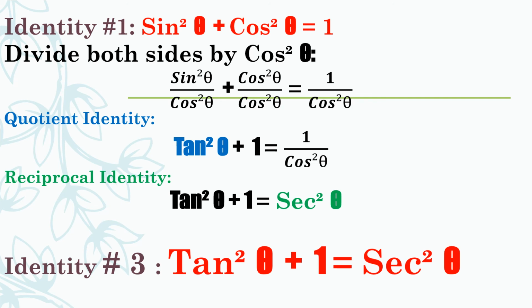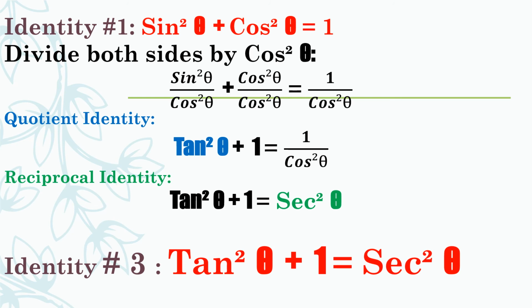Alright? Let's have the third identity. Again, we are going to use identity number 1, which is sine squared theta plus cosine squared theta is equal to 1. But this time, we are going to divide both sides by cosine squared theta. So we have now the equation sine squared theta over cosine squared theta plus cosine squared theta over cosine squared theta is equal to 1 over cosine squared theta.